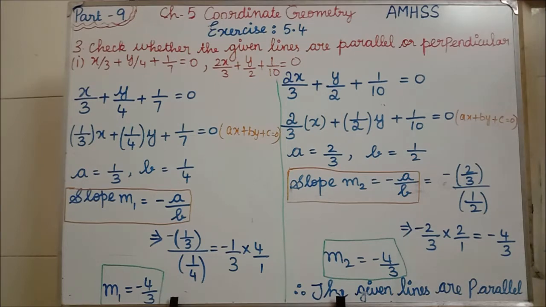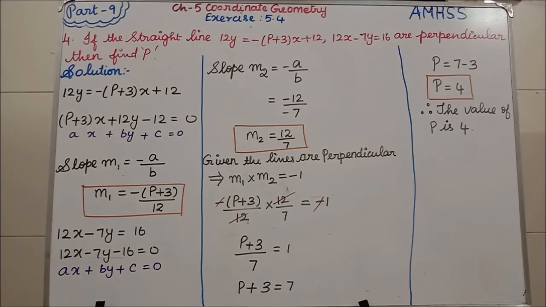Okay, you are going to check whether it is parallel or perpendicular. Okay, next we'll see the next problem. In exercise 5.4, the fourth question we are going to see. If the straight line 12y is equal to minus (p plus 3) into x plus 12, that is one equation.